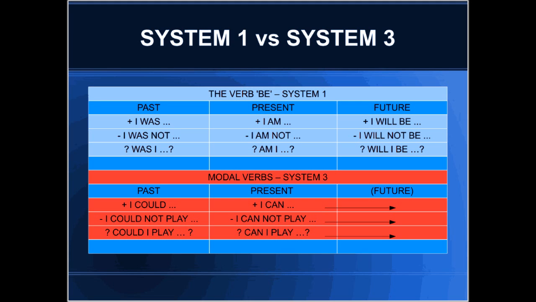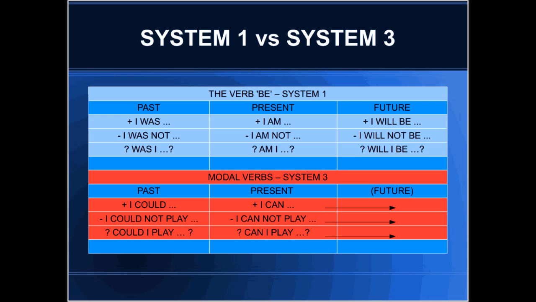So in the table System 1 versus System 3, what you can see is that the principal structures for the present are the same, but the future and the past are different. So we can see what we can map on top of, and we can see what the student has to add in to their knowledge through the table.